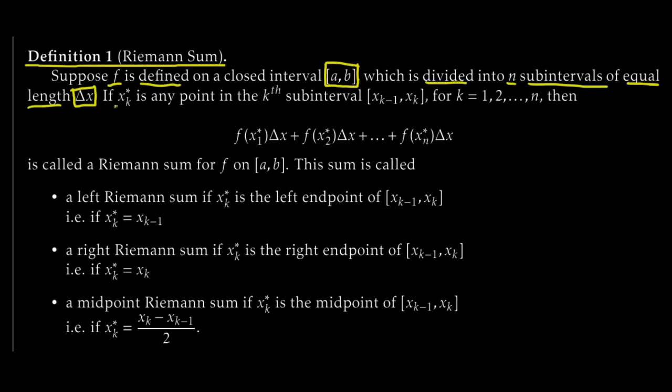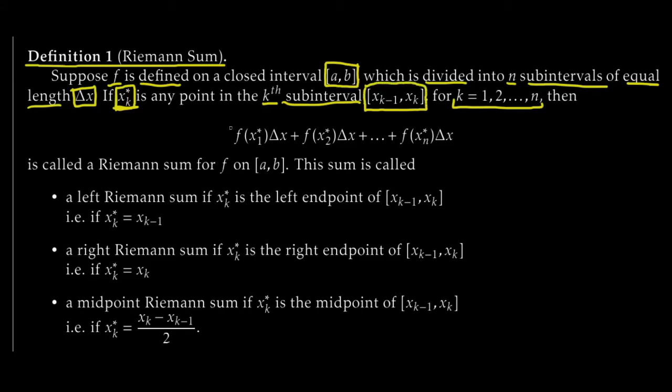Now if xk star, where the star is that little asterisk up top, is any point in the kth subinterval, that is, the interval from xk minus 1 up to xk, for k equals 1, 2, 3, 4, all the way up to n, where n is however many, as long as this even makes sense, basically, that's what we're saying.